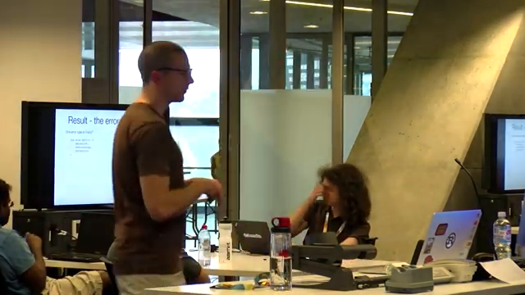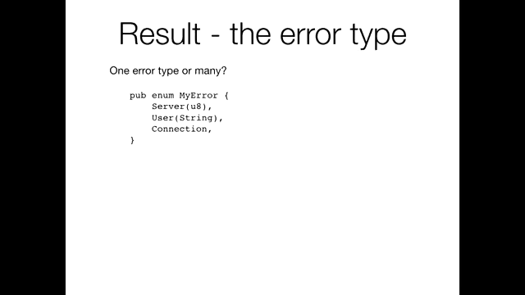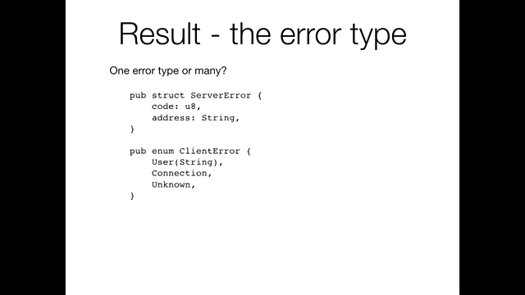If you're using a single one, it's quite common to use an enum. Here we're using a single enum type as our error type, and every possible kind of error gets a different variant, and any data you want is carried along with that. So here we've got a server error, user error, connection error, whatever else.